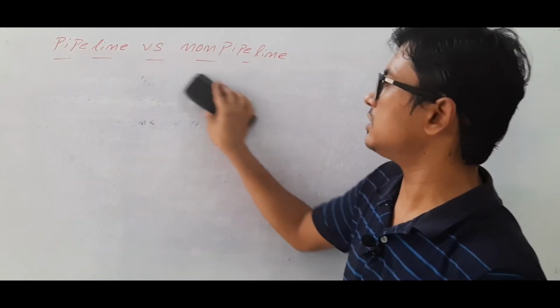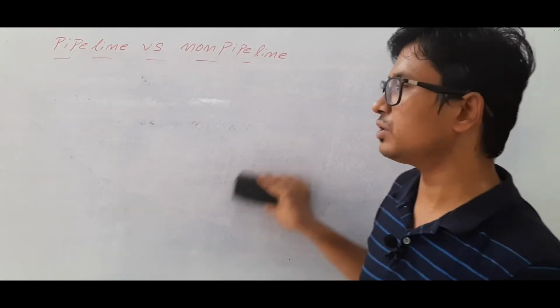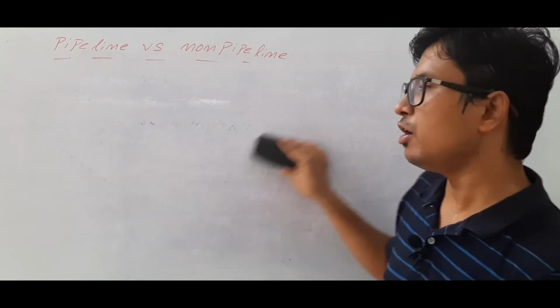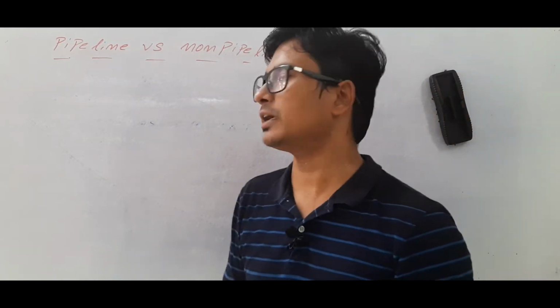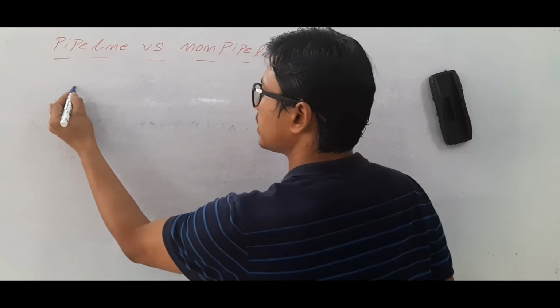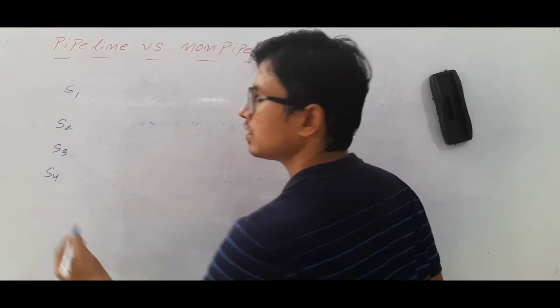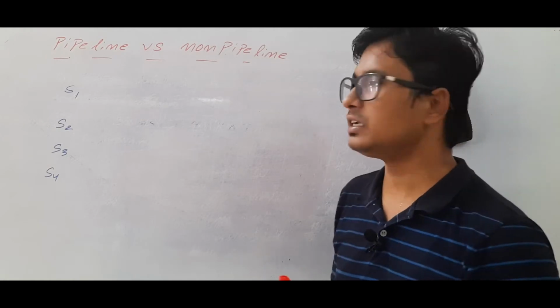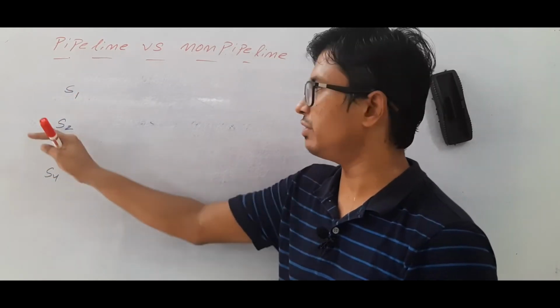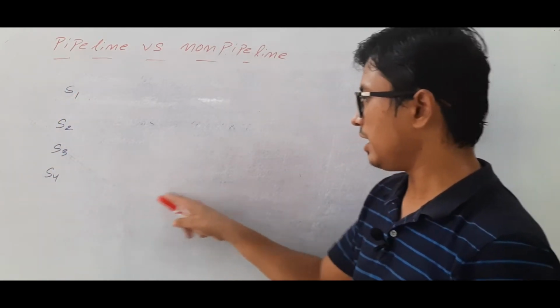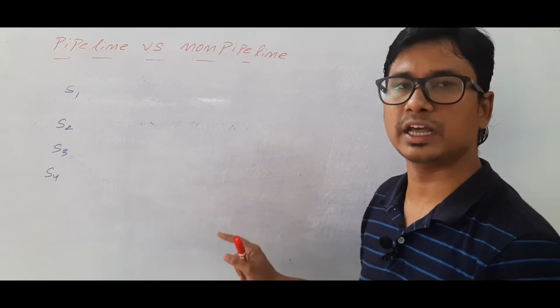If I execute the same instructions with the help of a pipeline, how many nanoseconds will it take? Let me check. To do that, I will draw a stage time diagram. As we have stages, we will call it stage on the y-axis, and on the x-axis we will write time.